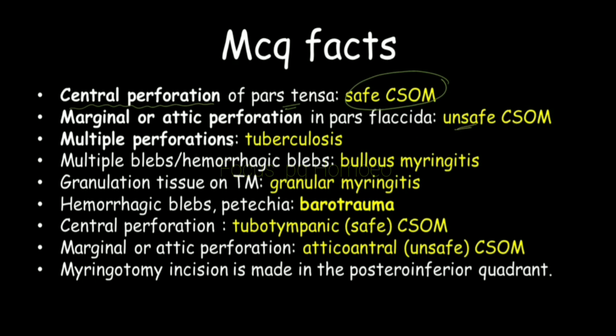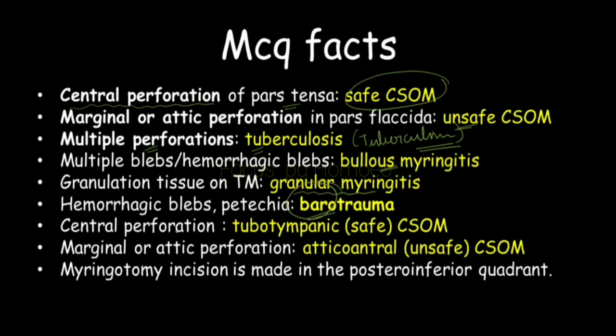Multiple perforations in the tympanic membrane indicate tuberculosis. Multiple blebs or hemorrhagic blebs indicate bullous myringitis. Granulation tissue on the tympanic membrane indicates granular myringitis. Hemorrhagic blebs and petechiae are because of barotrauma, due to pressure changes.